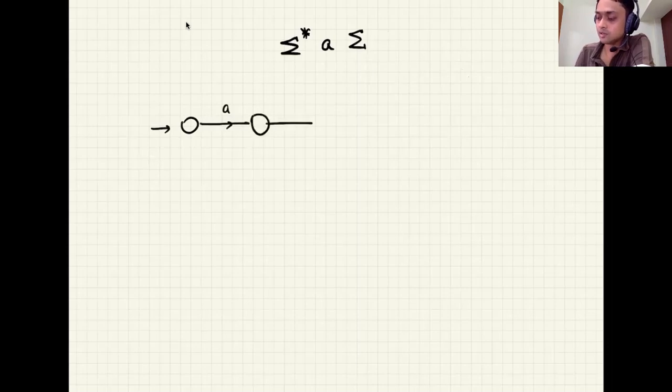After this, if I just see some letter, in some sense, I want to stop. Like after seeing A, if I see some letter, I want to stop. But maybe there are more letters, and in that case, I should remember that I saw an A here. Okay, let me draw this.